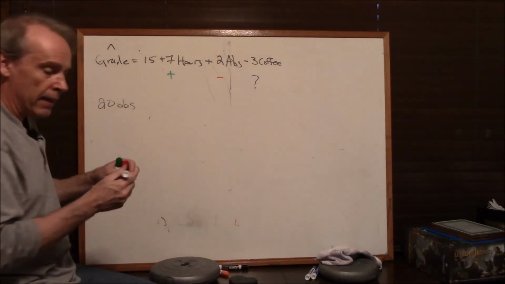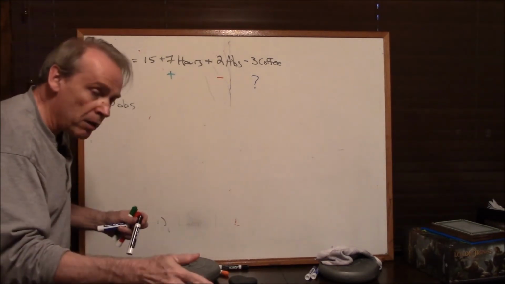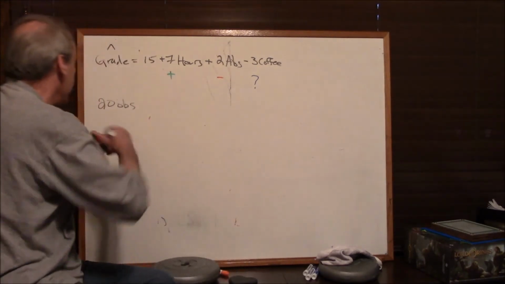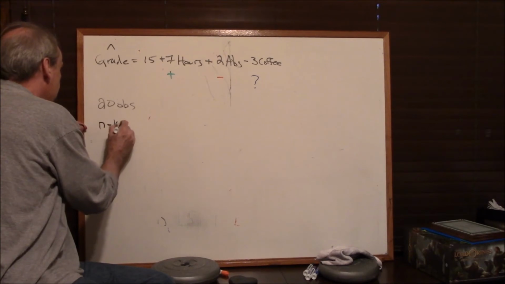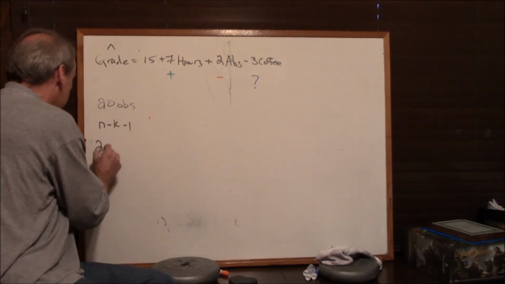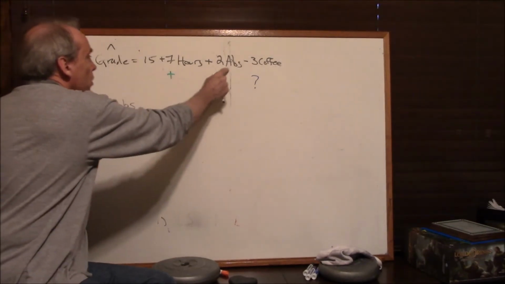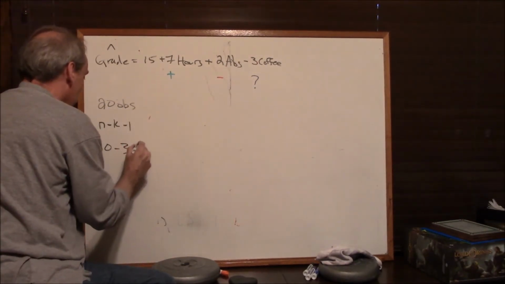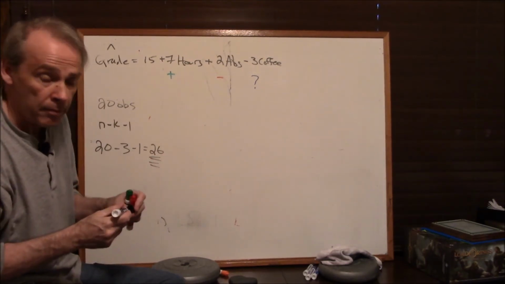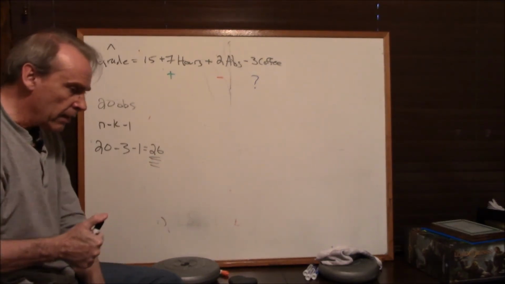Remember, in the T table in the back of the book, it will remind you that this is how it works. It's n minus k minus 1. The computer does it for you. But anyway, n minus k minus 1. So we got 20 minus 1, 2, 3 minus 1, 26 degrees of freedom.